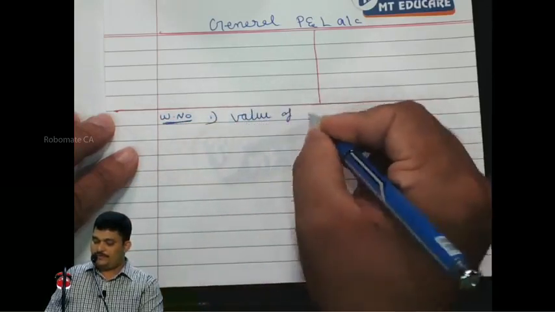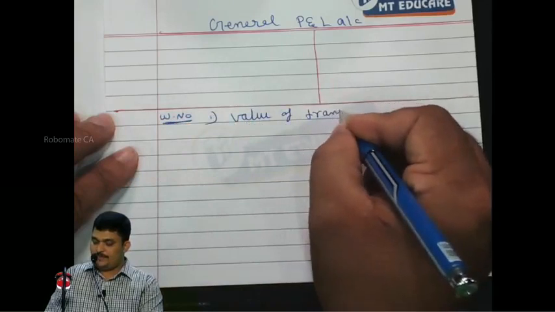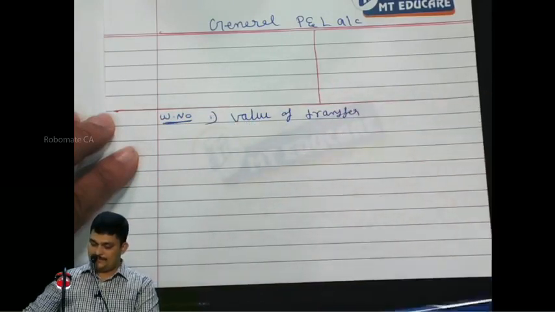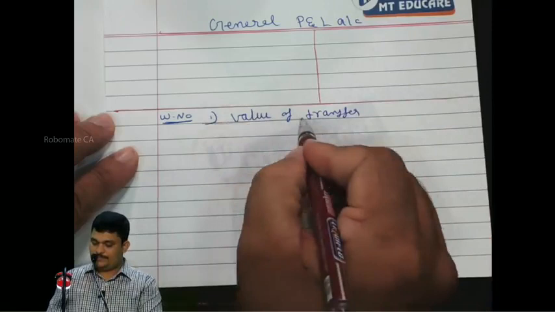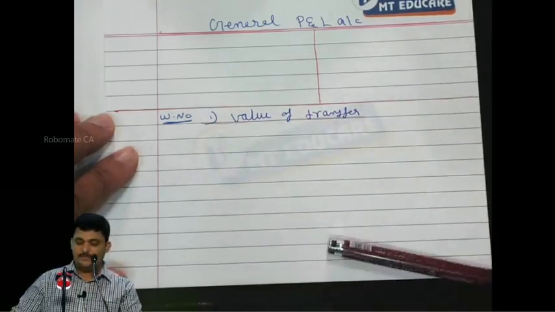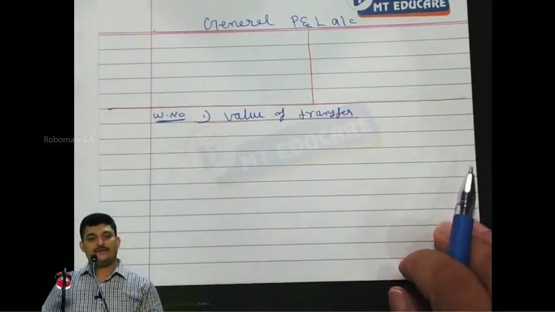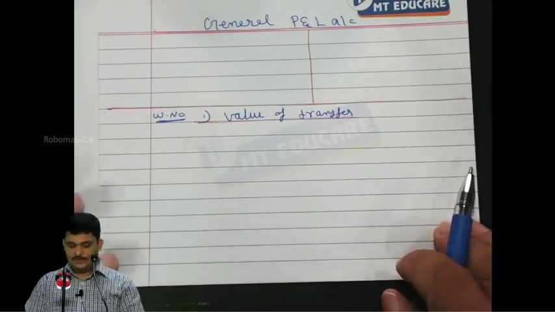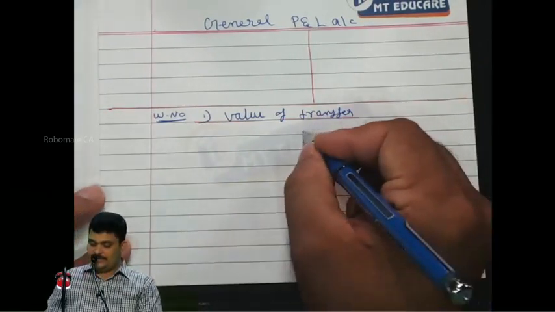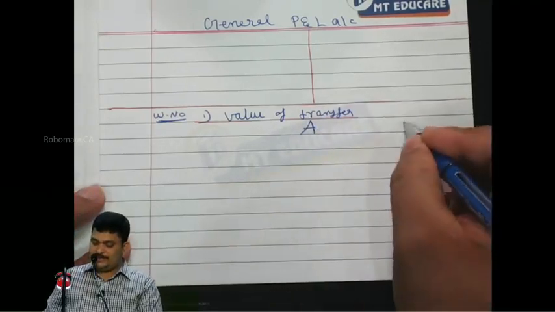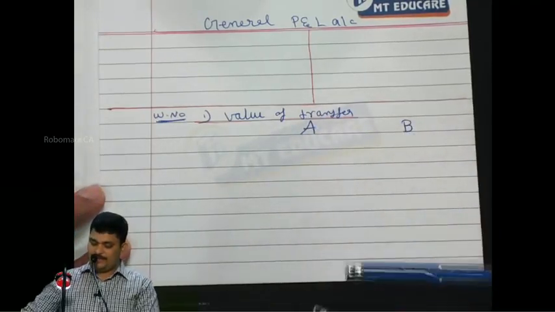Value of transfer. Which departments are making transfer? A and B. So let us take Department A and Department B.